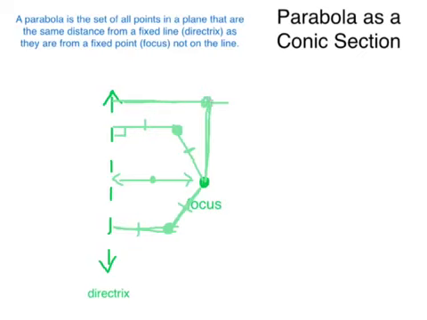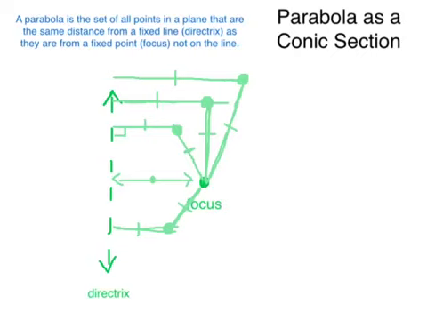So this would be another point that's the same distance from the directrix as it is from the focus. Then you could come out a little farther and you start finding a different angle, and this point here is the same distance from the directrix as it is from the focus.